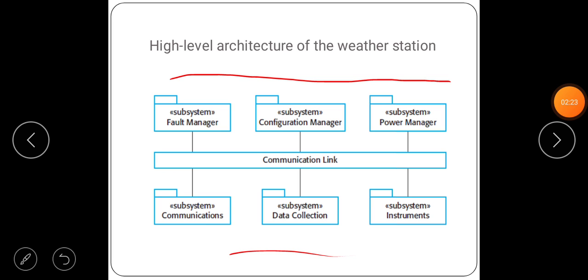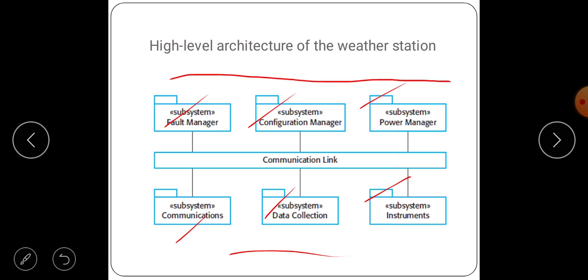You can observe in this diagram that this weather station is composed of independent subsystems. You can see that there are 6 subsystems that communicate by broadcasting messages on a common infrastructure.